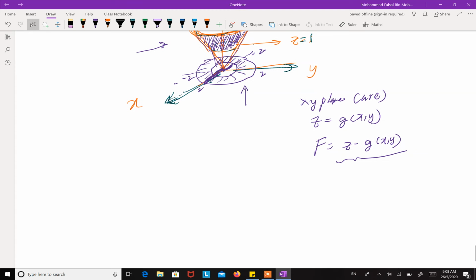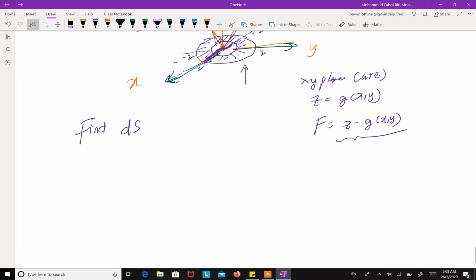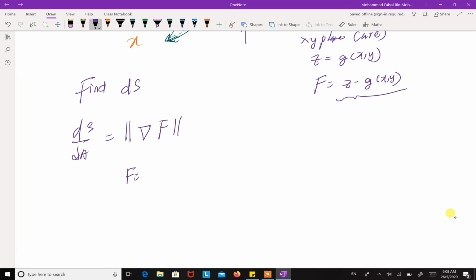Okay, so next we have to find the dS. So dS over dA will be the magnitude of gradient f. So f will be z minus square root x squared plus y squared equals 0.